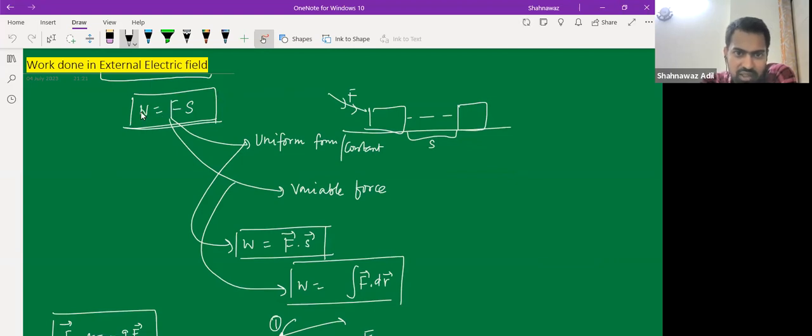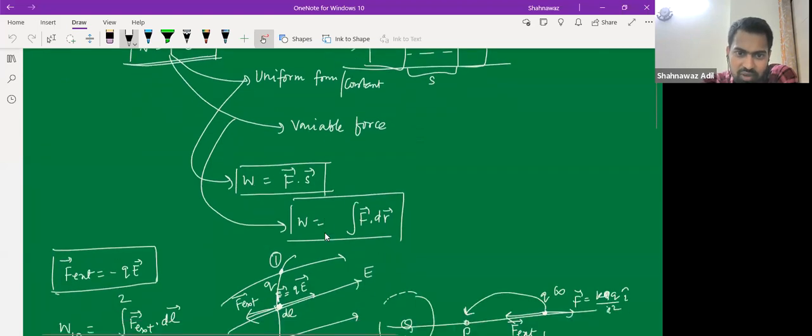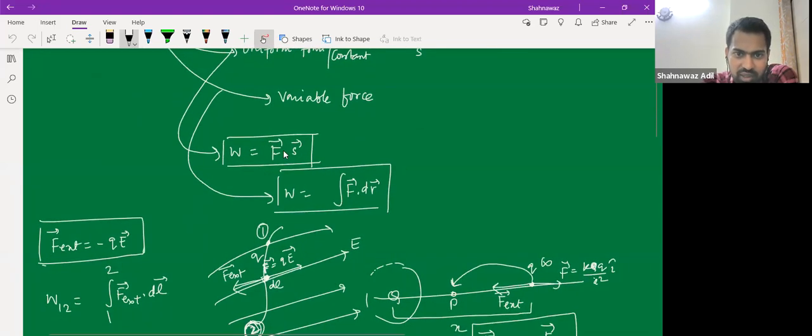Work done is just force and the displacement that the body makes, so W equals Fs. There can be two forces, uniform and variable. For uniform force this would be the work done, and for variable this is the work done.